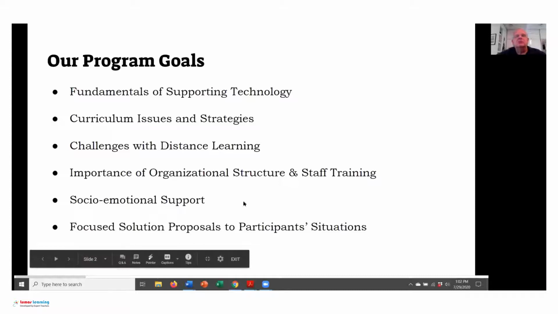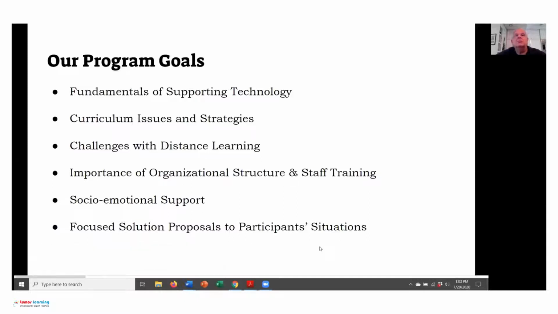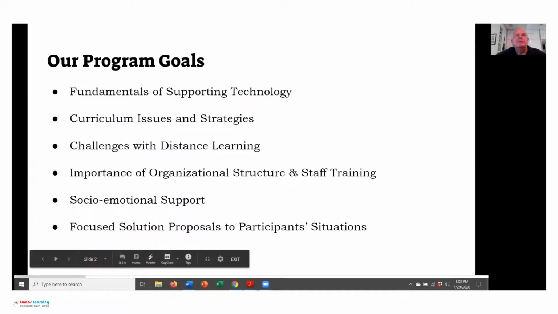So the program goals, just to show them again: we're talking about the fundamentals of supporting technology. We've already talked quite a bit about curriculum issues and strategies, and the challenges of distance learning, which I think is going to be the major subject for today.